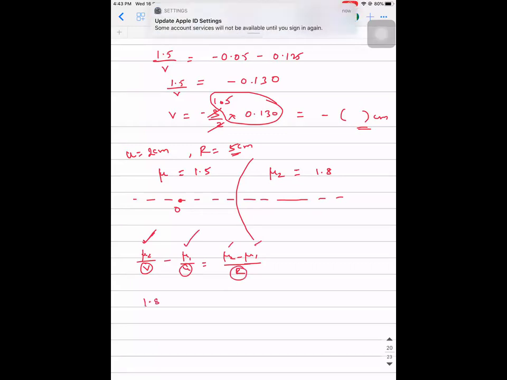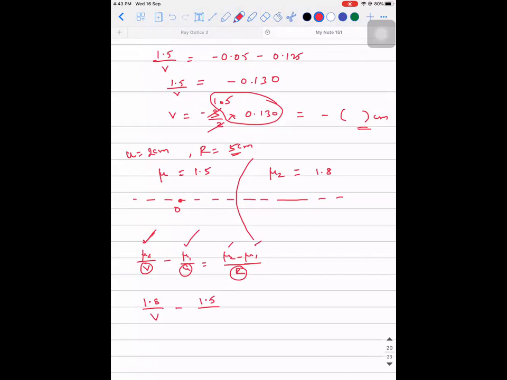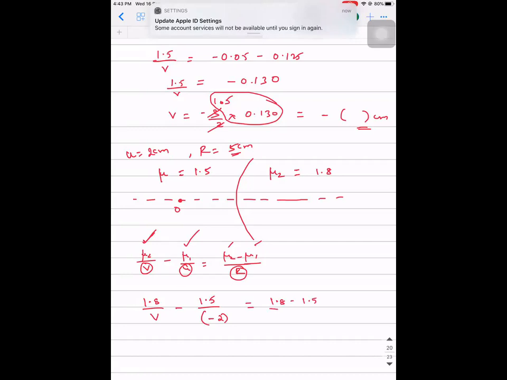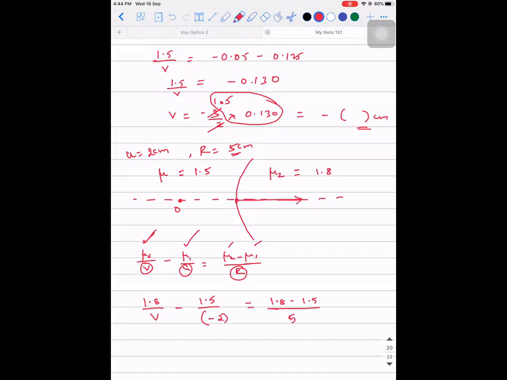So mu2 is 1.8 divided by V minus mu1, 1.5 divided by U, which is minus 2, is equal to mu2 minus mu1, 1.8 minus 1.5, divided by what? It is only 5 because the radius of curvature will be on the right hand side.